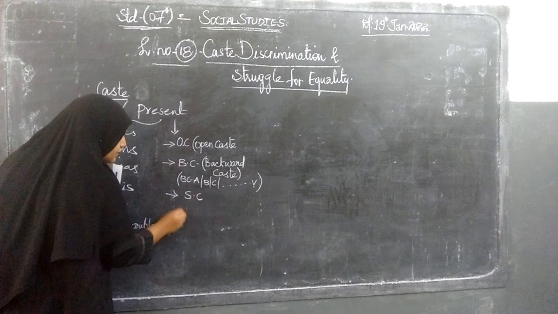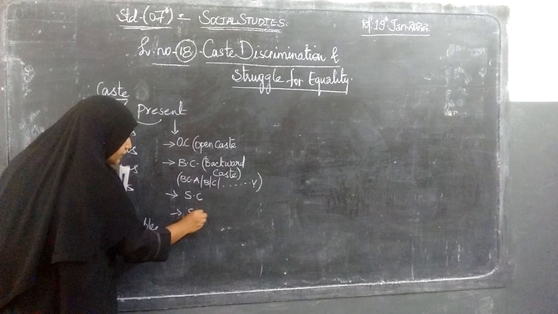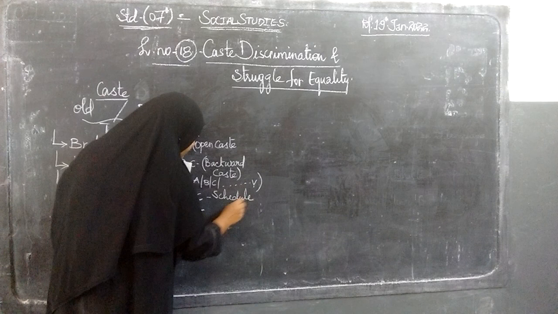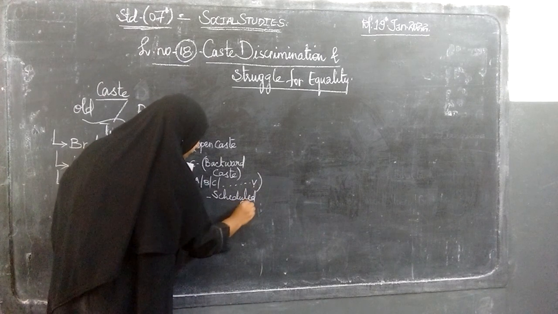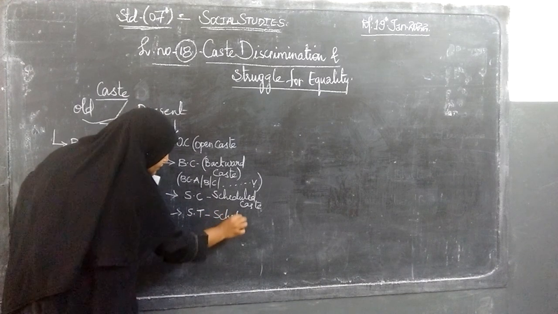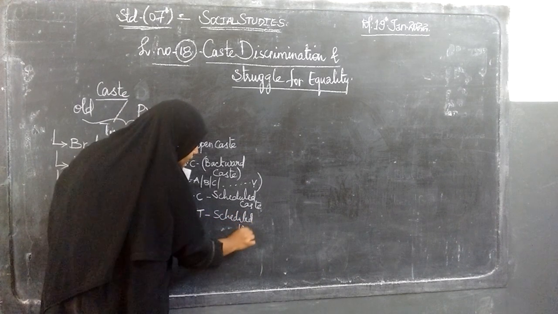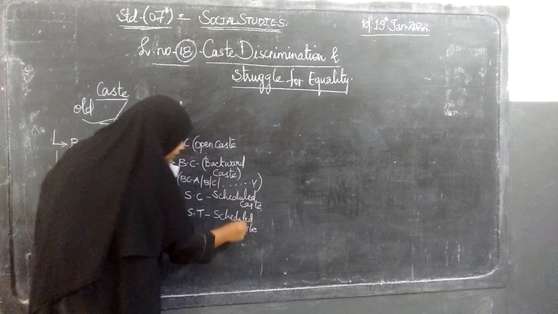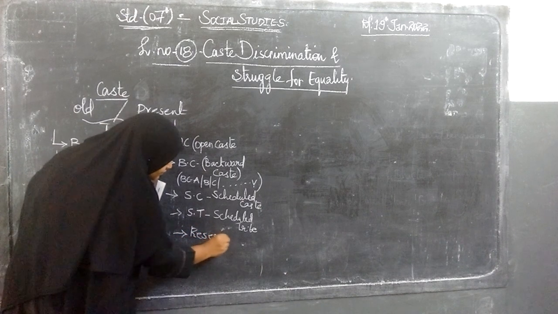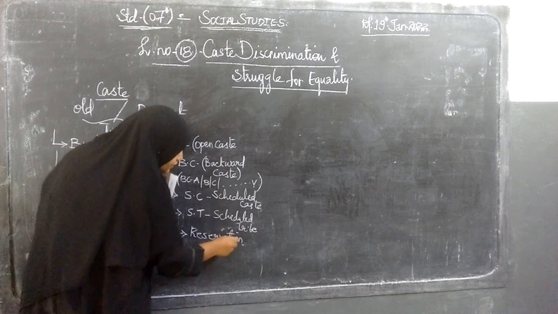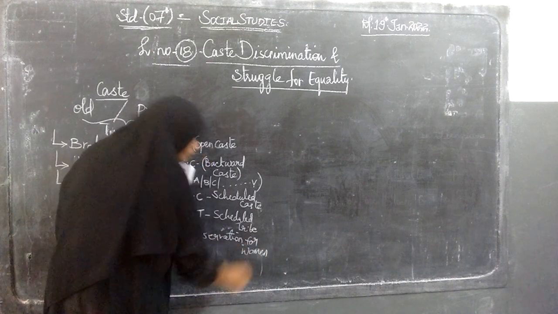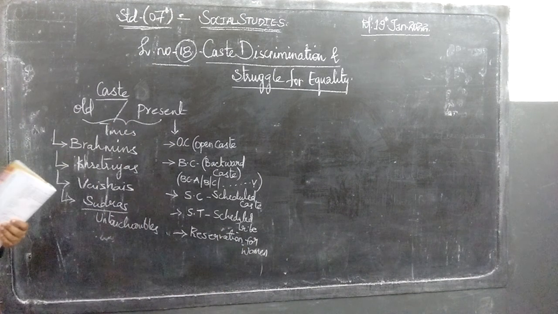Then SC, scheduled caste, then ST, scheduled tribe, and lastly the reservations, including reservations for women. This is the caste scenario in earlier times and in the present.